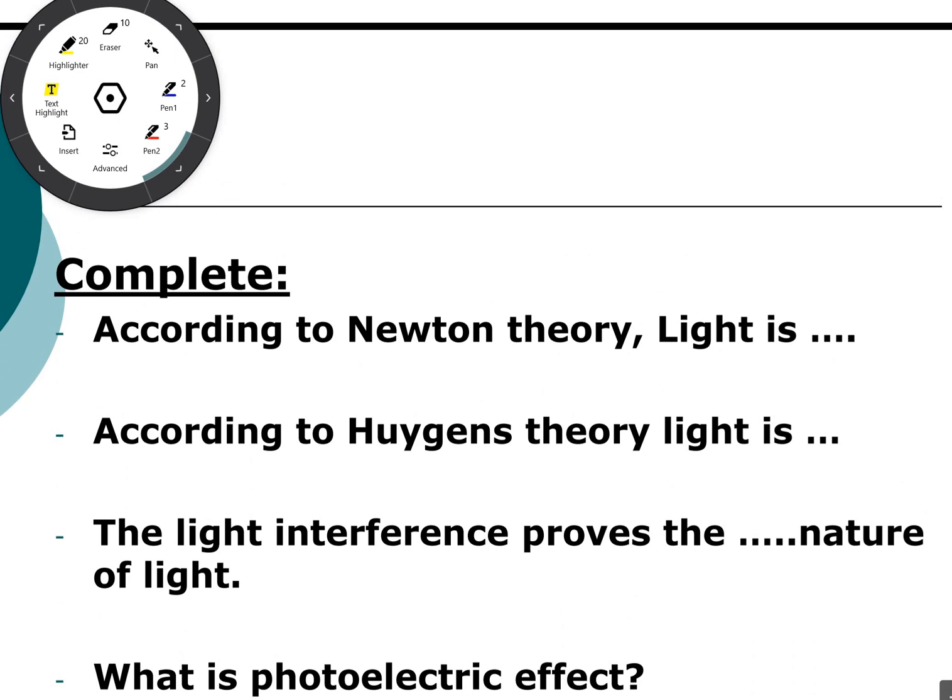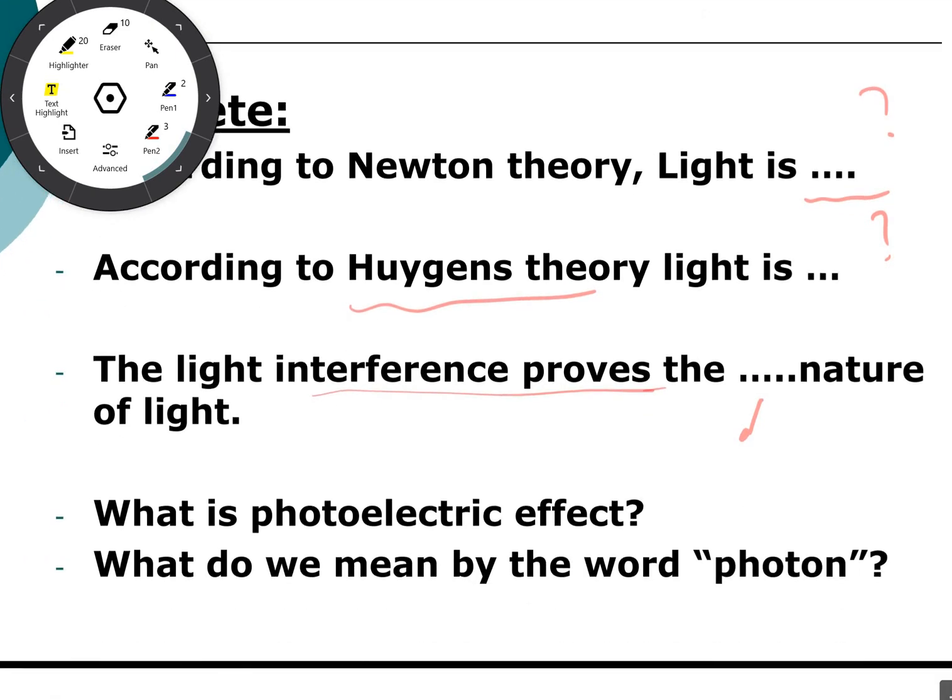So at the end of this lecture, I hope that you can answer these questions. According to Newton's theory, light is, please check it. According to Huygens' theory, light is. Also, which nature of light did interference prove?